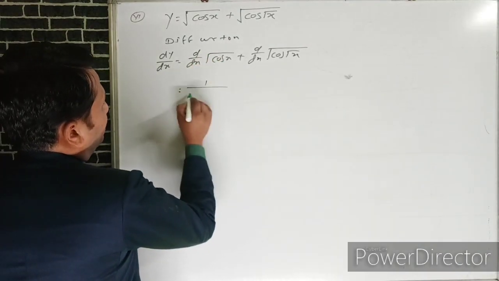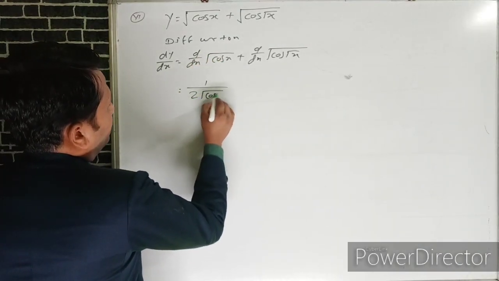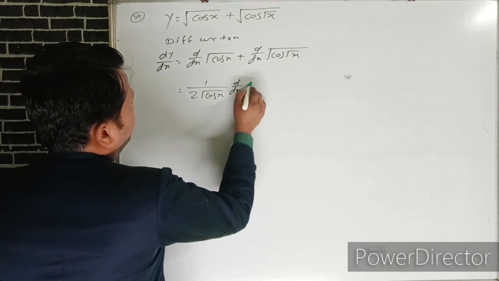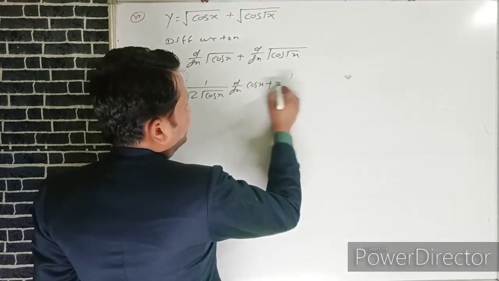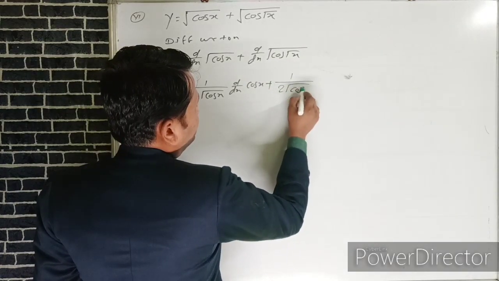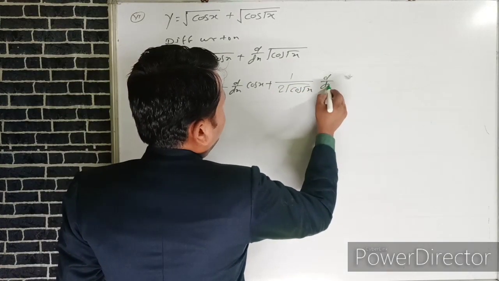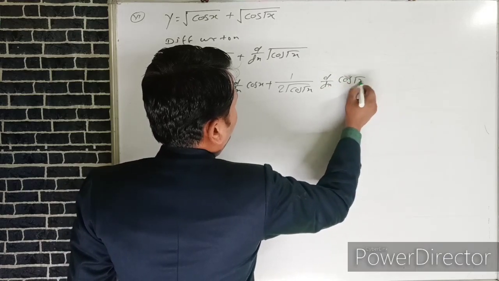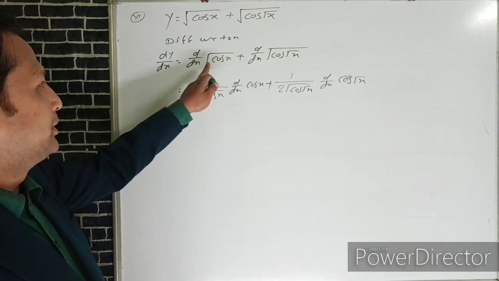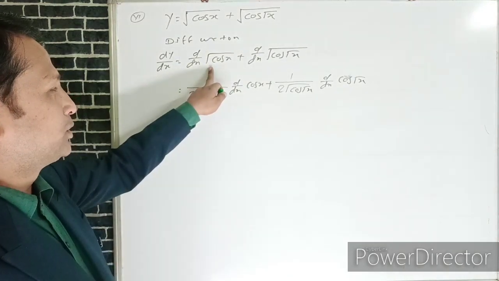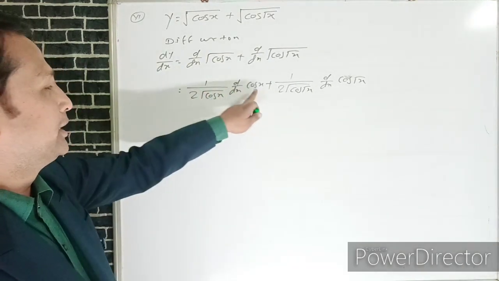Hence we can write 1 upon 2 root of cos x into again the derivative of cos x plus the derivative of root x is again 1 upon 2 under root of cos x into again a derivative of cos of root x. Here we will apply the derivative of under root of f(x) is 1 upon 2 root f(x) into again derivative of f(x).